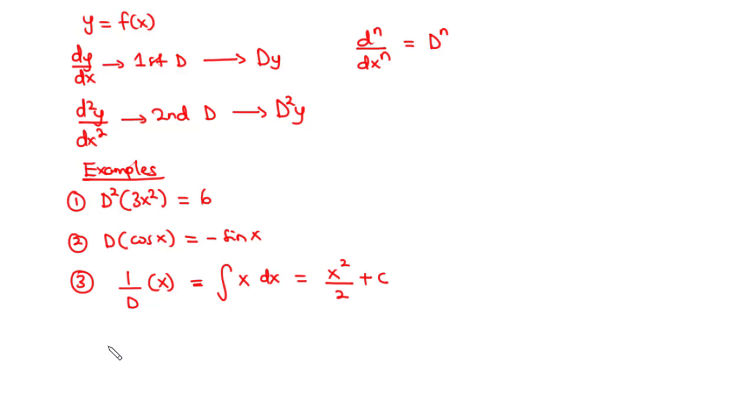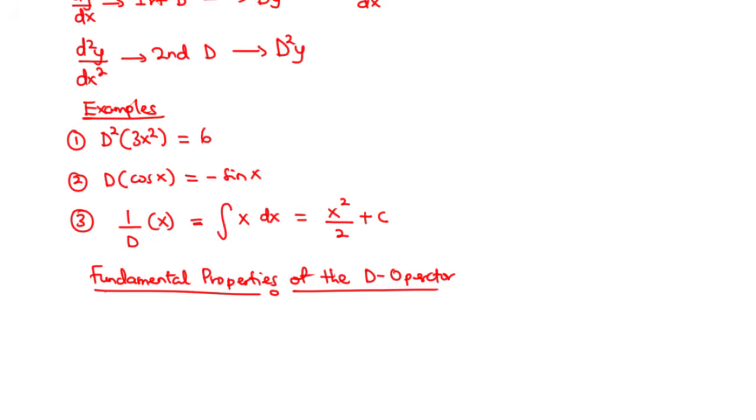Now let's consider some fundamental properties of the D operator. The first one we are going to talk about is the distributive property. If you have D to the power n of (u plus v), then you distribute D to the power n across, so that you have D to the power n of u plus D to the power n of v.